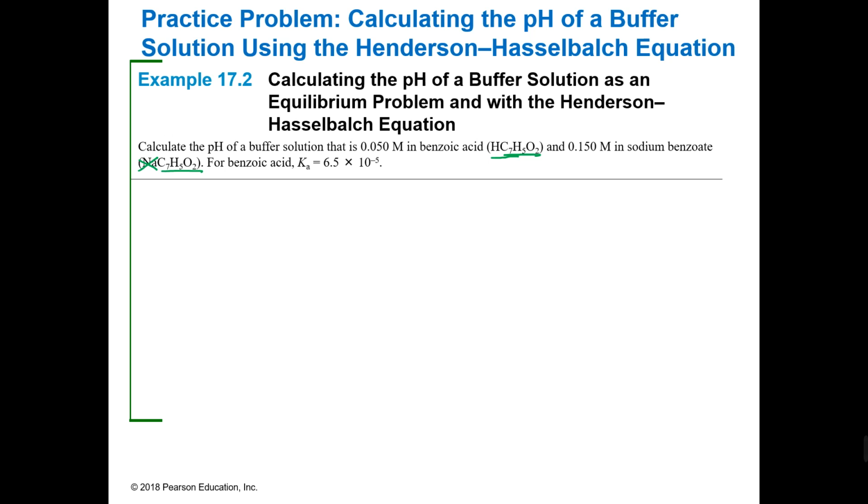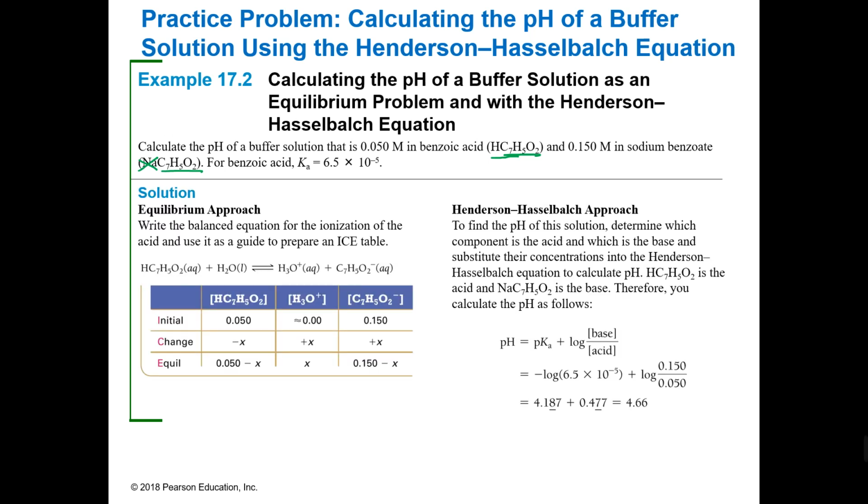spectator ion. So if we were to compare and contrast the ICE table versus Henderson-Hasselbalch. Here is your ICE table right there. We started off with 0.05 molar of the benzoic acid, 0.150 molar of the benzoate anion.